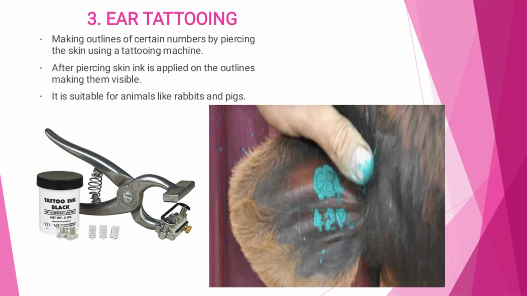We have an example of an animal which has ear tattooing in the right hand side, and this method is mostly used in animals like rabbits and pigs. After you tattoo the animal, we apply the ink so as to be able to make the tattooing visible.